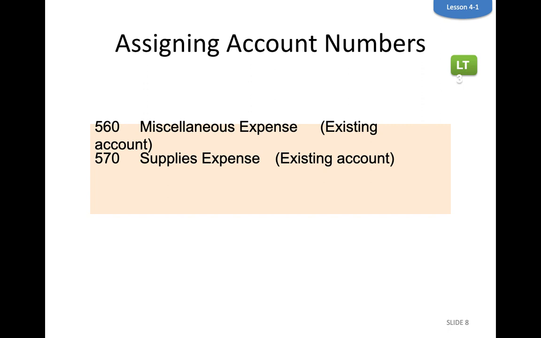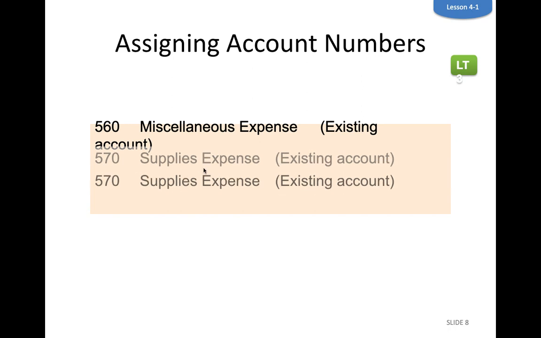So this is just an example. It's a closer look at the chart of accounts. Under the expense category, which are the 500s, Delgado Web Services has something called miscellaneous expense and then supplies expense. Miscellaneous expense is account number 560 and 570 for supplies expense.